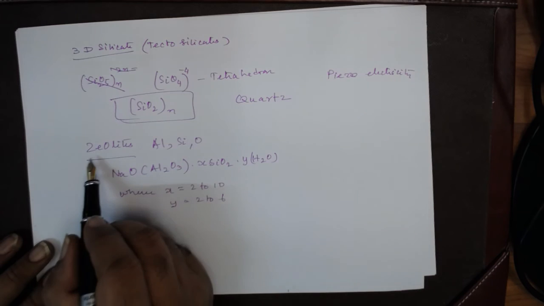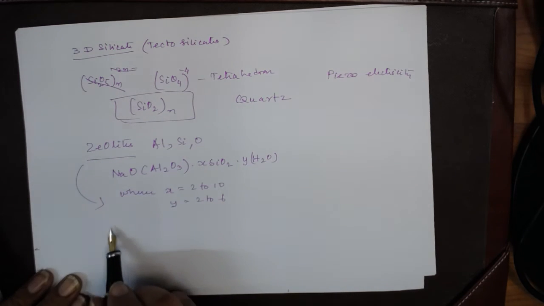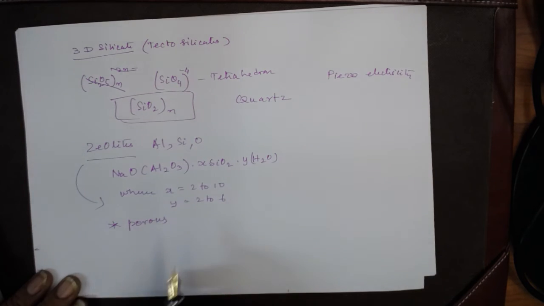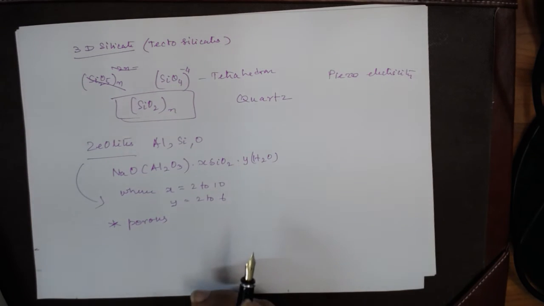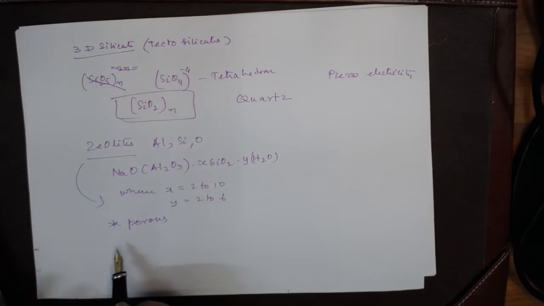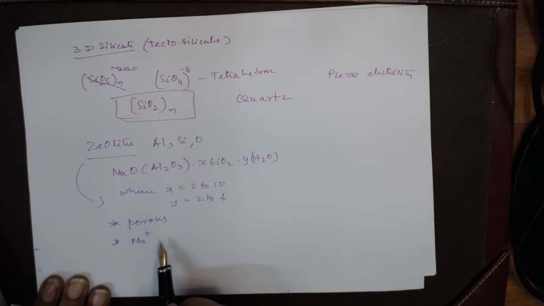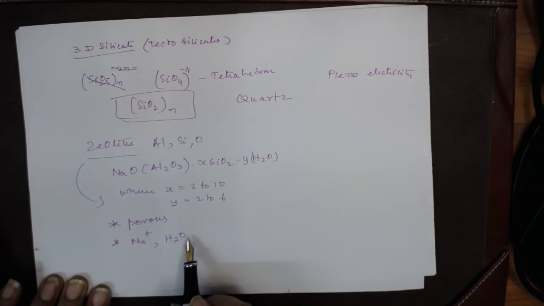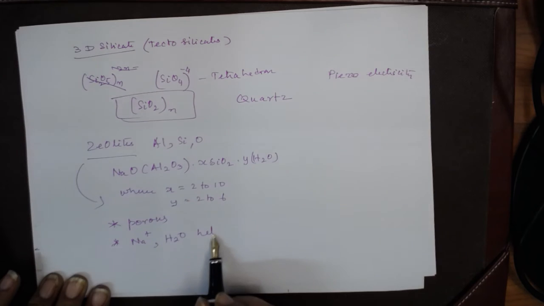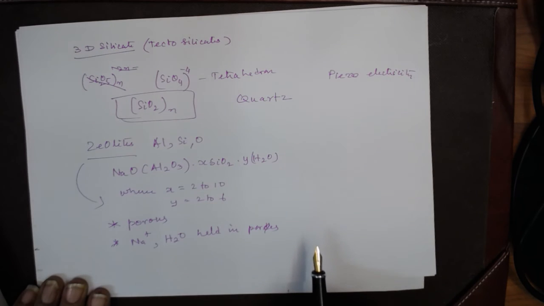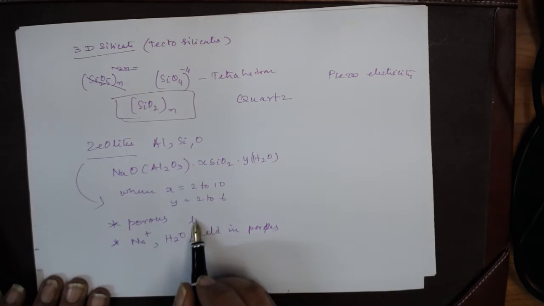The speciality of zeolite is they have porosity, pores. Pores means a lot of small holes, where sodium ions, Na plus ions, and water molecules are held in pores. In fact, they are loosely held.